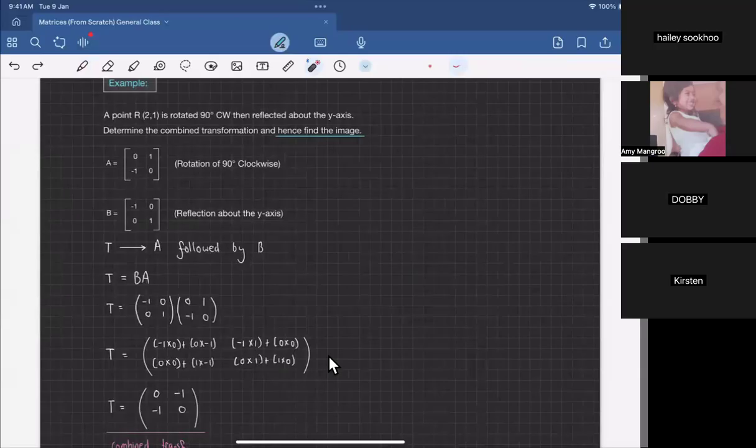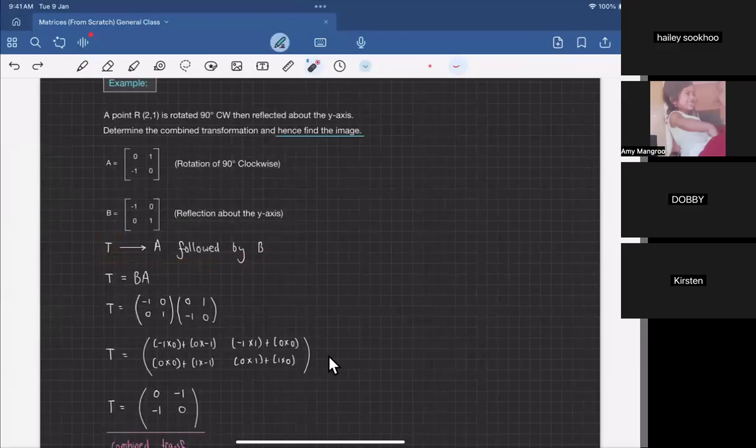Logically, you want to say A by B, but according to these rules, you have to do it the other way, B by A. So this is how you find the combined transformation. You have this notation here, and it says that T is A followed by B. So we're doing A first, the 90 degrees, and then B, which is our reflection.